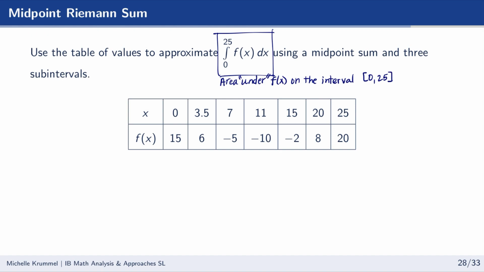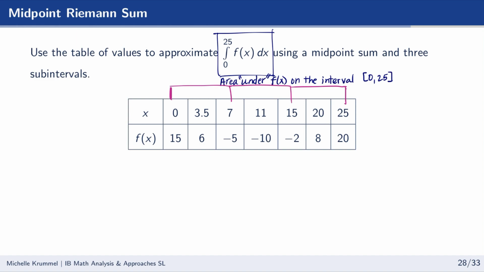If you were working with an equation, then yes, we could split that distance of 25 into 3 equal parts, and each interval would have the same width. But in the table problem, it's not always possible to do that. So you just use what you have. You're starting at 0. We can go from 0 to 7 as one subinterval, and then 7 to 15 as our next subinterval, and then 15 to 25 as our last subinterval.